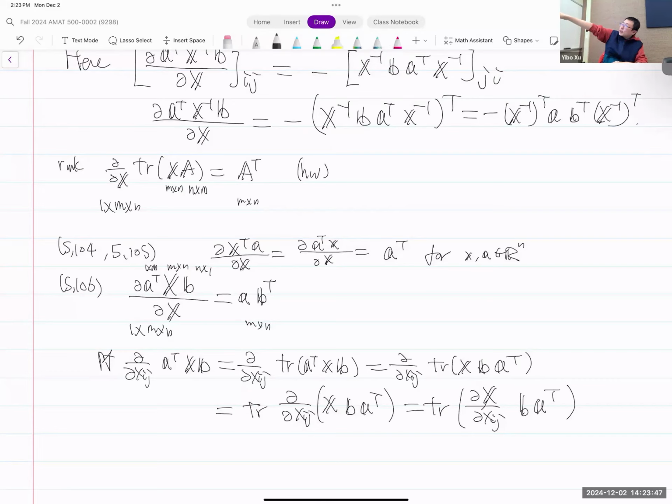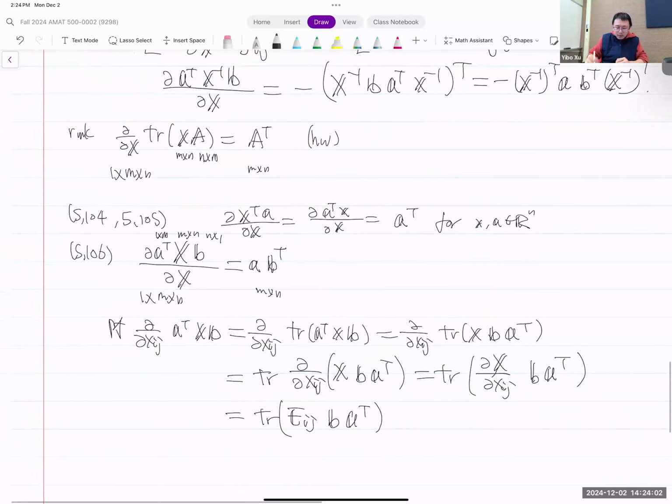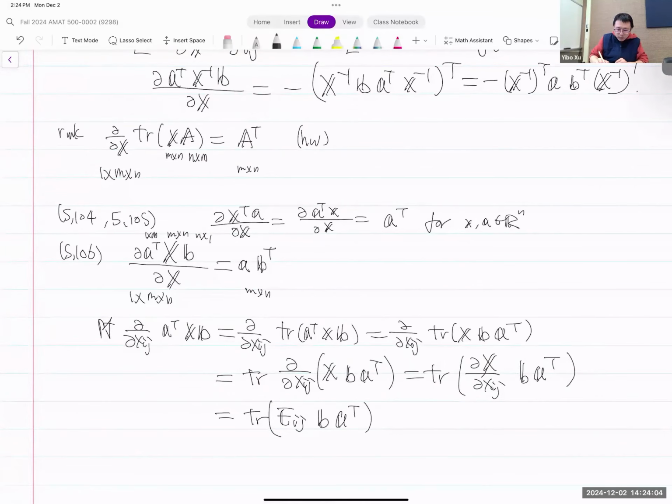And now at this point, it's going to be the exact same setup as before. So del X by del Xij is exactly EIJ that we established earlier. Okay, so only that ith row jth column element is changing, nothing else is changing. So now the trace, you realize, okay, you have a sum where C, the index, goes from 1 through, so let me think.